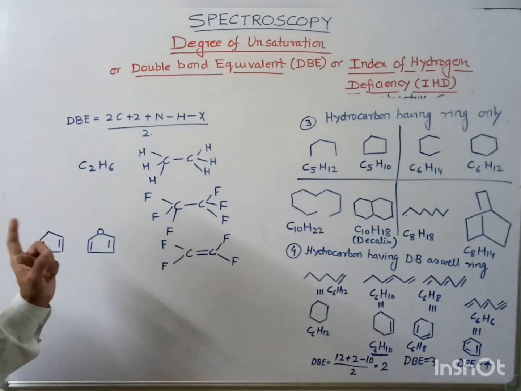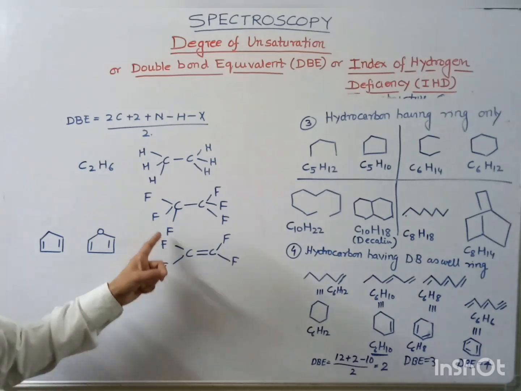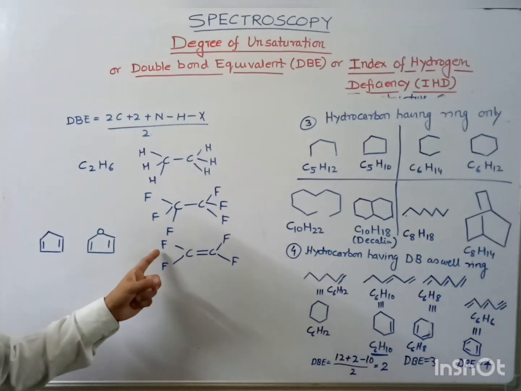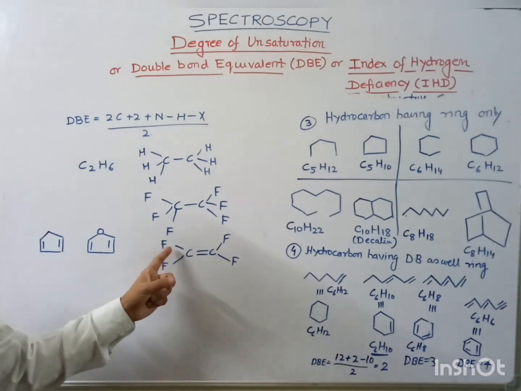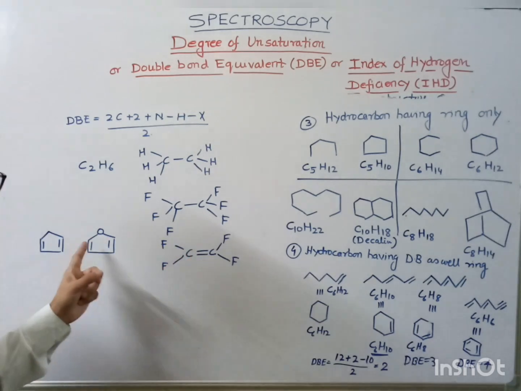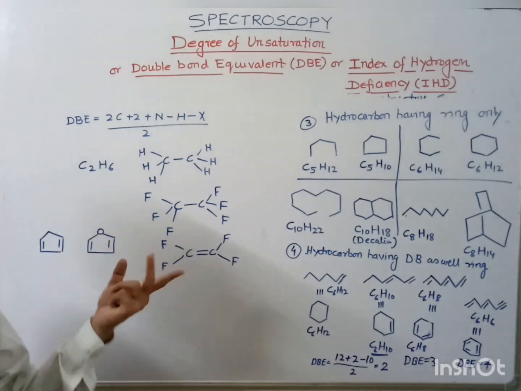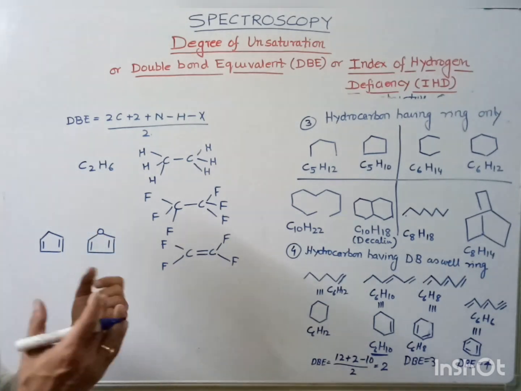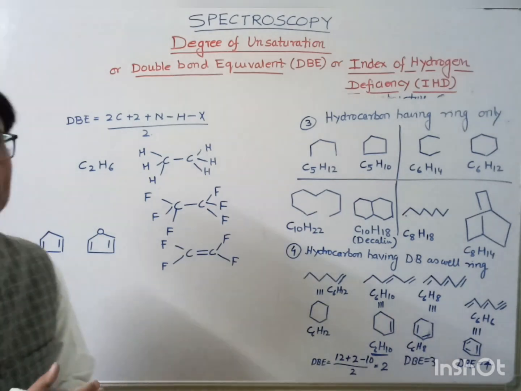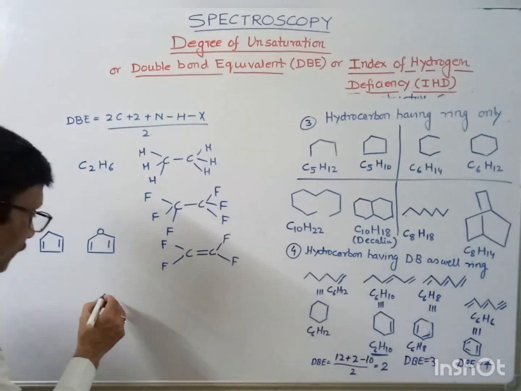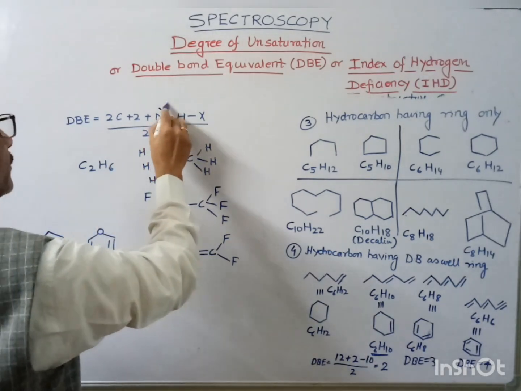A double bond reduces the number of fluorine atoms, but it does not affect oxygen, or we can say the presence of oxygen does not affect the DBE value.